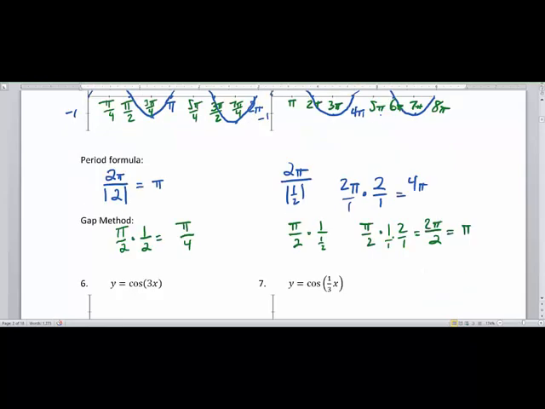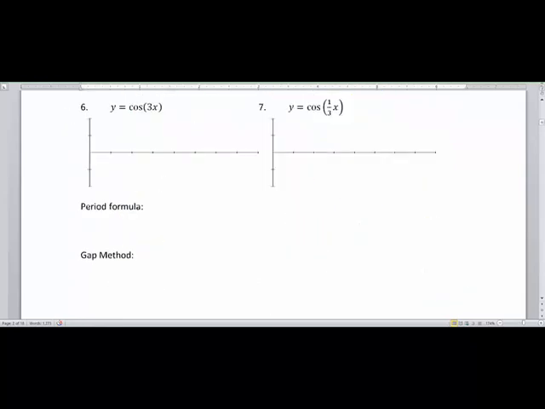And now we're going to move on to the cosine functions. So for the cosine functions, you're going to find that these are similar to the sine functions. Now, I should have highlighted a little bit in the last problem, and you can take a look at your worksheet, that we had the sine of 1/2x. You'll note that what we did is we created this 1/2 to be going half as fast.